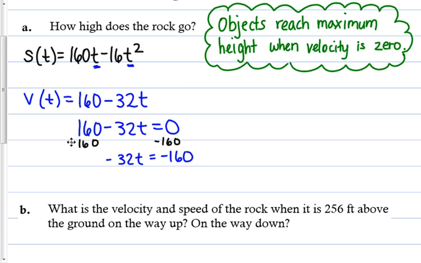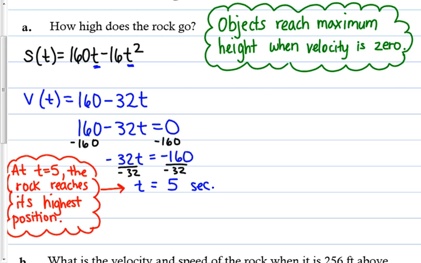Now I'm going to divide both sides by negative 32, and I get t equals positive 5. These are in seconds. So at 5 seconds, this rock reached its maximum height. At t equals 5, the rock reaches its highest position.